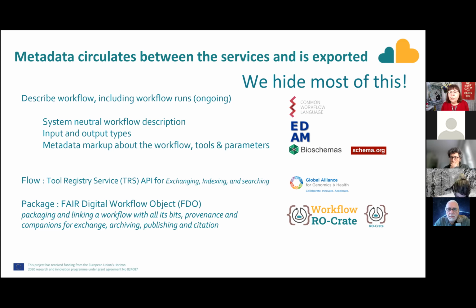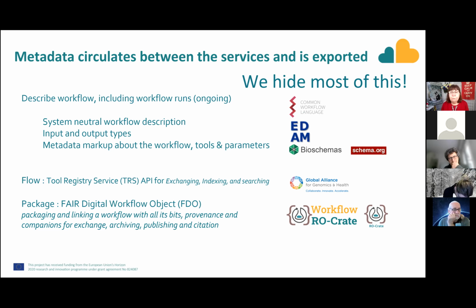We use the GA4GH APIs for being able to move data between these different objects through these different services. And we also package the workflows in something called an RO-Crate. An RO-Crate is a Research Object Crate, which is a FAIR digital object.